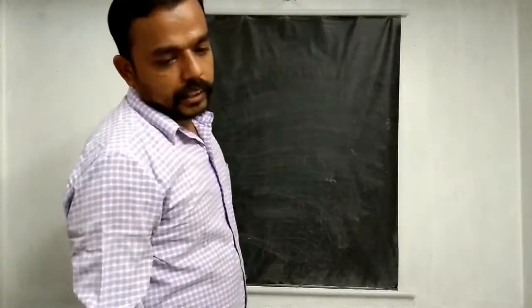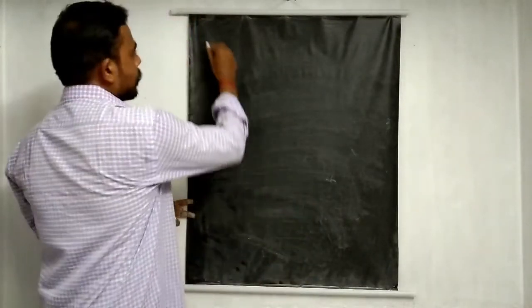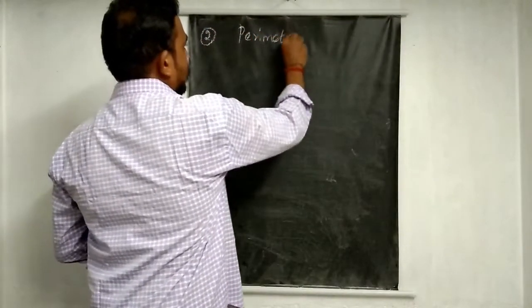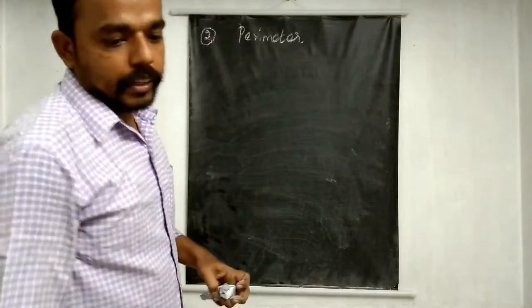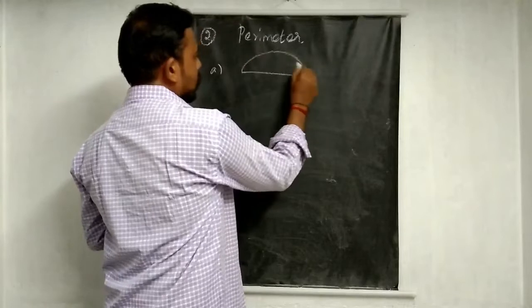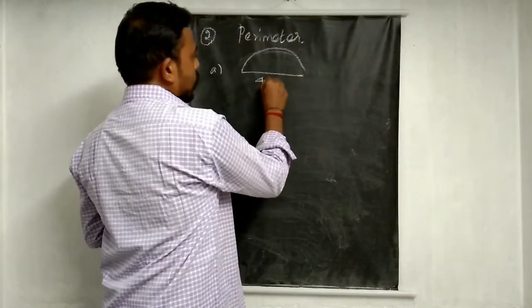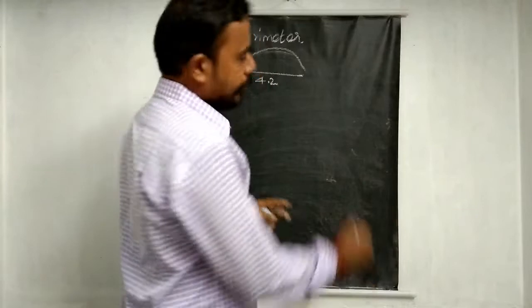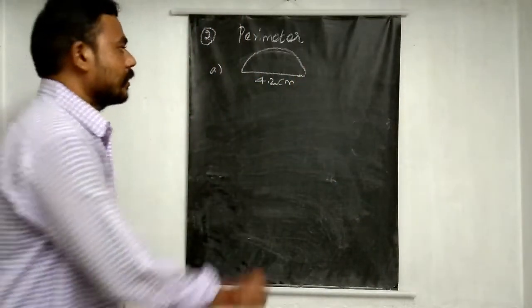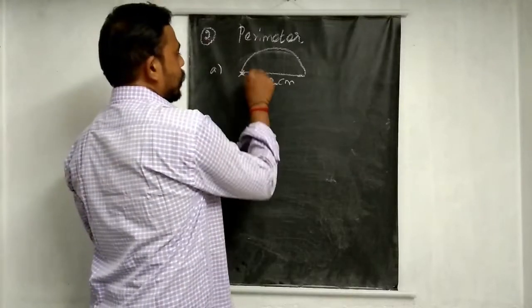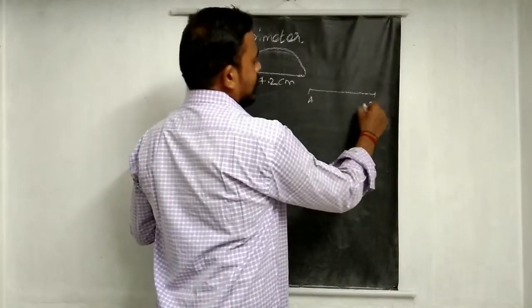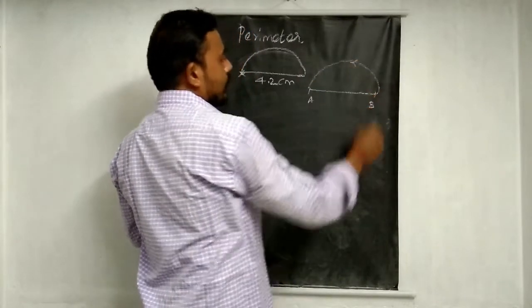Next, we can find the perimeter of the following. For that, first one is 4.2 centimeter. Already you discussed this thing. Now perimeter is nothing but we start from this point. We consider the length AB and the arc BA.